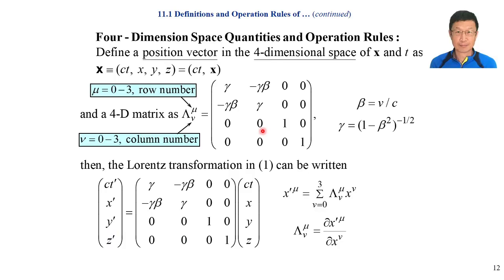Now, today we will start from page 12, and we will cover more pages than we used to. We will cover from page 12 to page 26. We will talk about what the operation rules are. I will show you how to use the Lorentz transformation matrix.